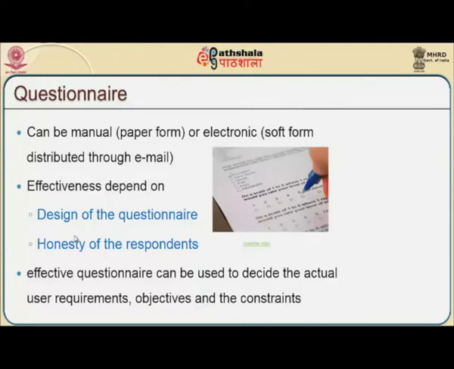The effectiveness of this particular questionnaire depends on the design of the questionnaire, how well we are about to design it.